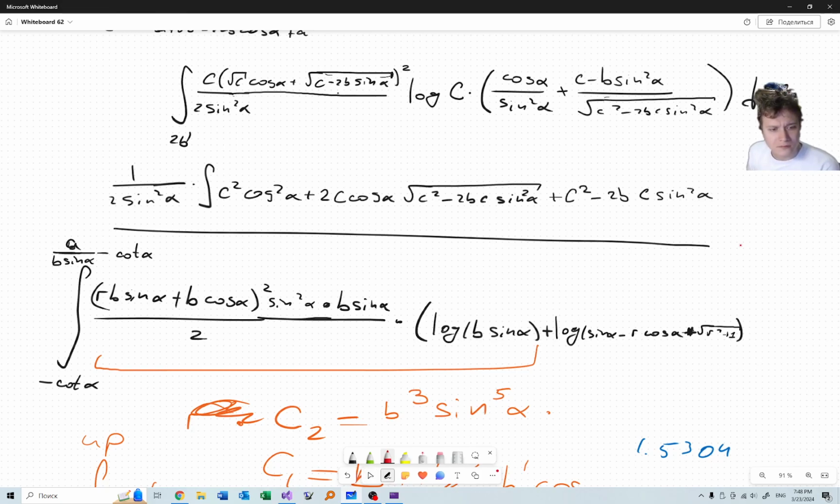Okay, let's look closer. I have 1 over 2 sine squared alpha. Here we have this thing times cosine of C, times logarithm of C times this strange function.